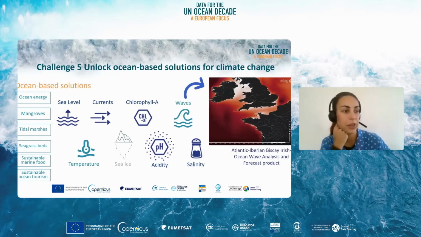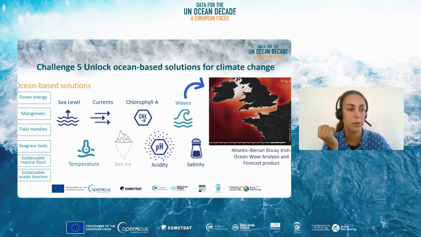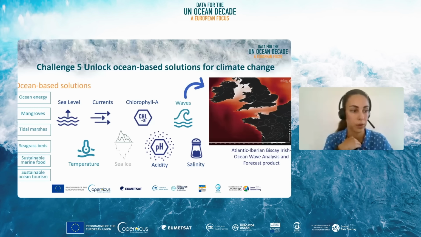Finally, for Challenge 5, its goal is to unlock ocean-based solutions for climate change. So these solutions can take many forms, whether they're nature-based, they involve ocean energy, or they focus on the interactions between the ocean and the climate. There are several important variables to consider, including, for example, currents, sea level, waves, temperature, salinity, sea ice, chlorophyll A, and acidity.